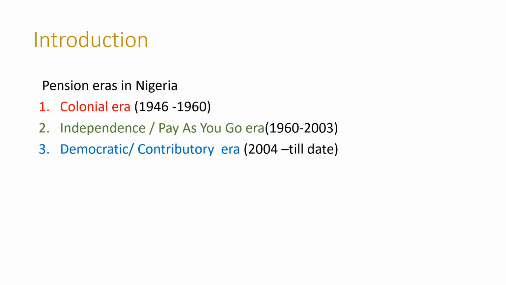The system was also characterized as a pay-as-you-go scheme, since retirees were to be supported not by previous contributions, but by annual budgetary provisions. Because it was largely unfunded, the defined benefit system led to massive accumulation of pension debts, which was estimated at more than 1 trillion naira.